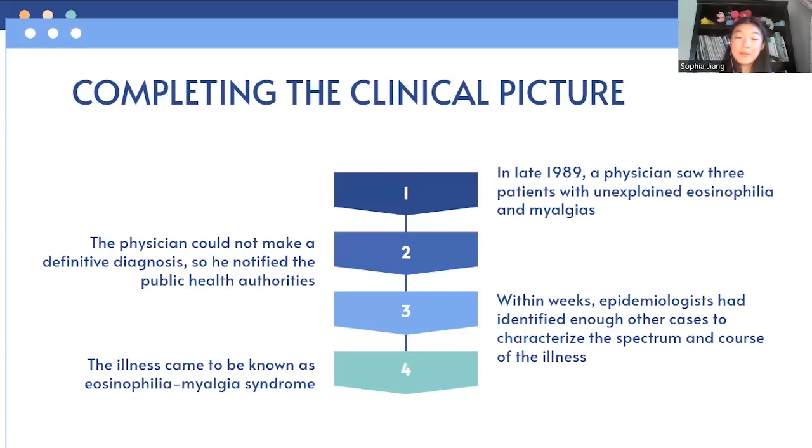So after that, we have completing the clinical picture. So I have an example of how this works because even though epidemiologists are going around and taking all this data, sometimes they're not always able to get the whole clinical picture.